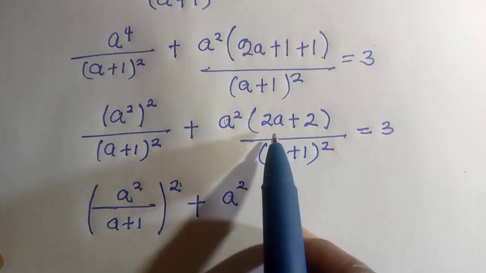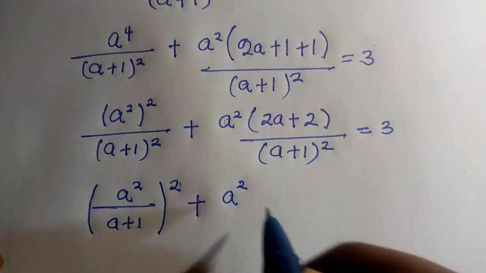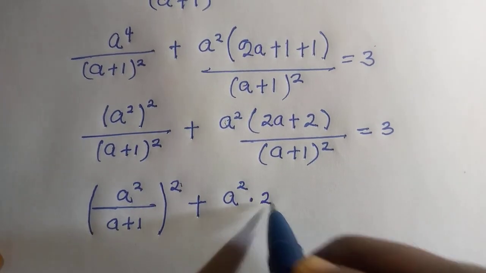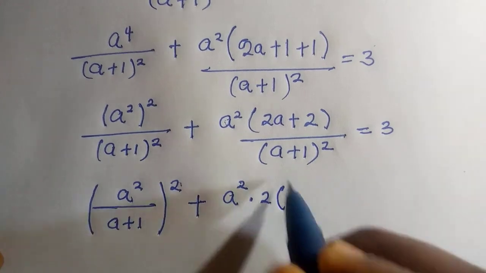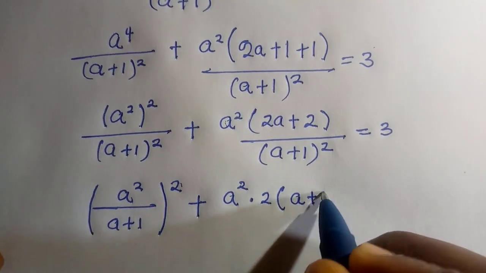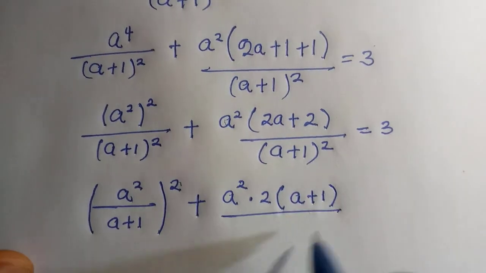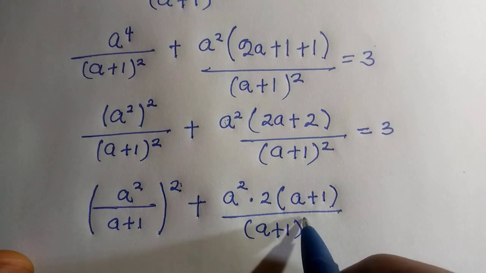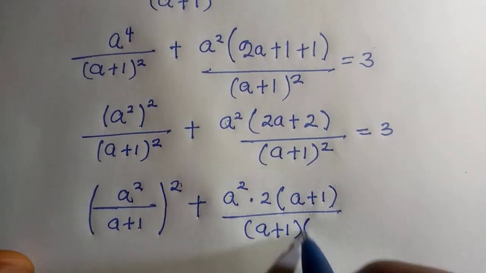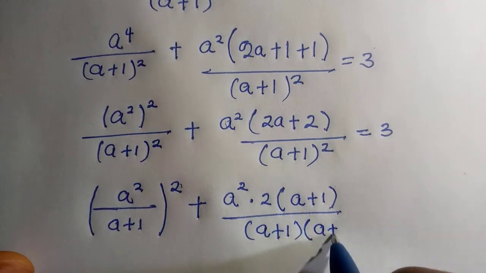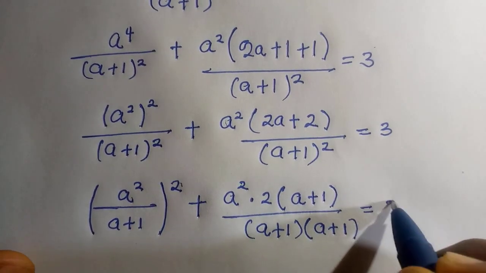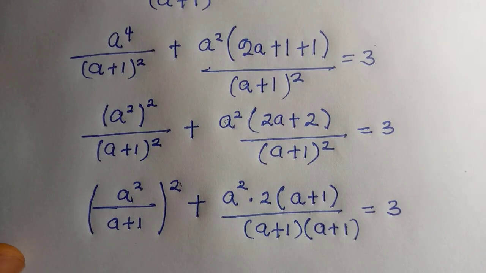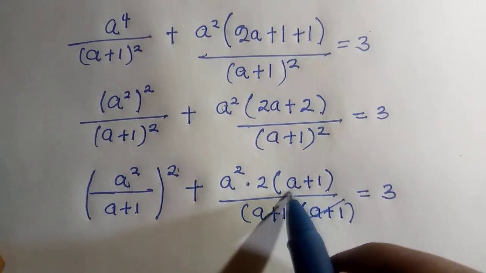So between these 2a and 2, we can just say we factor out 2. Then here remains (a plus 1) bracket divided by (a plus 1) raised to power of 2. But raised to power 2, it means we can still multiply it as (a plus 1). Everything equals 3. So next we have this cancelled.